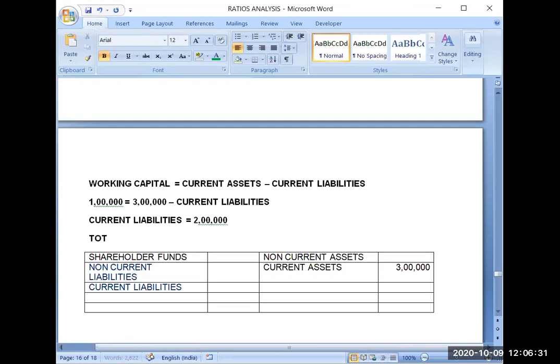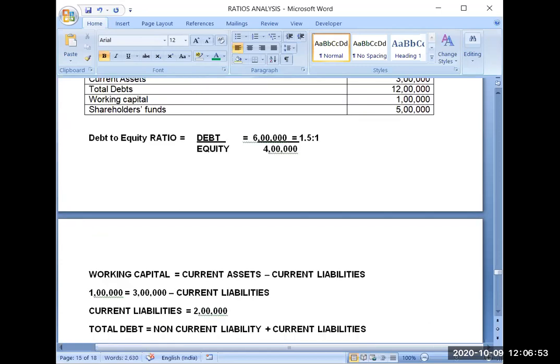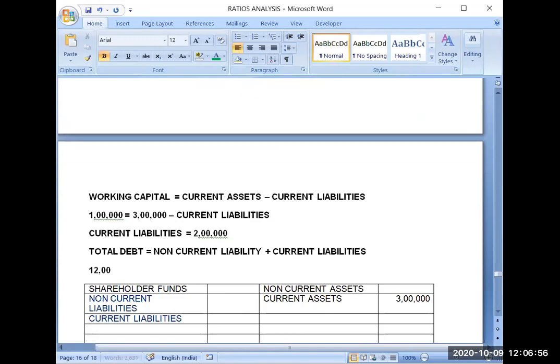Now the next formula is total debt is equal to non-current liability plus current liability. Total debt is given as 12 lakh, is equal to non-current liability, which I have to find out, plus current liability, which is given.